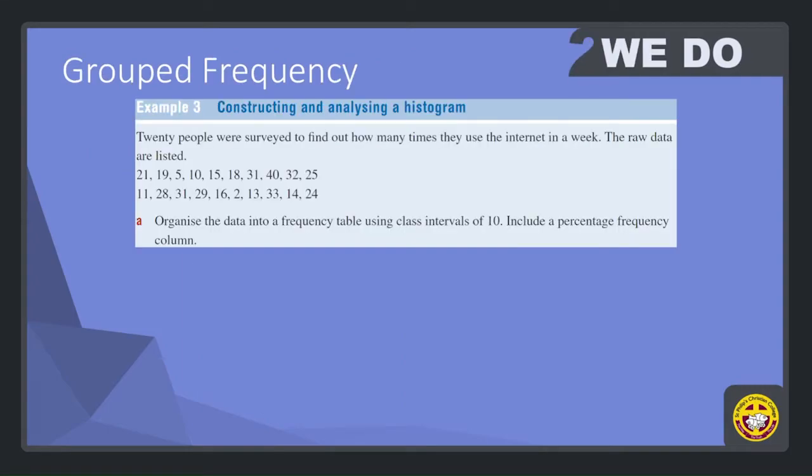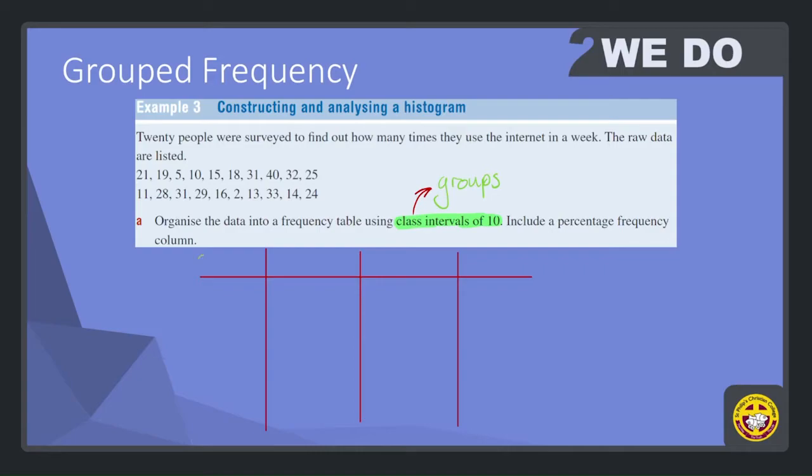I want you guys to pick up your pens now and have a go at drawing this one with me that has a couple of new features. The first thing is we're going to be separating our data into class intervals. This could also be groups.